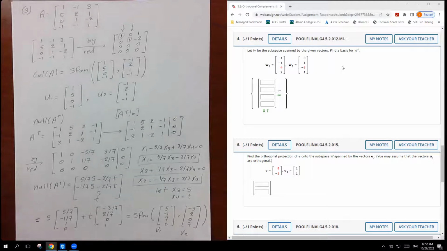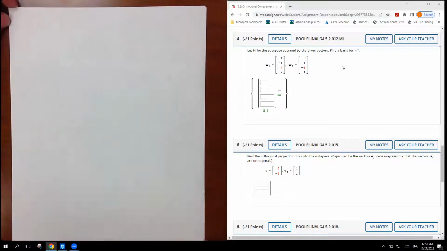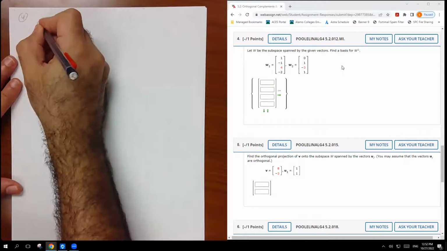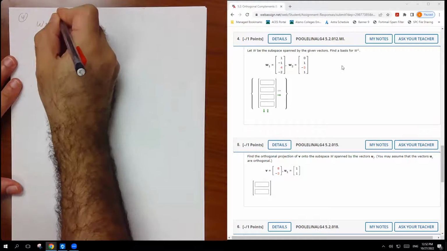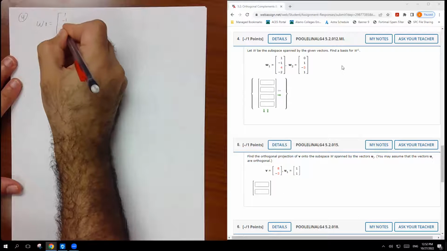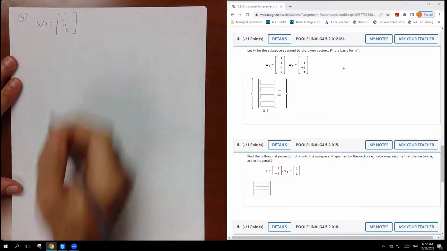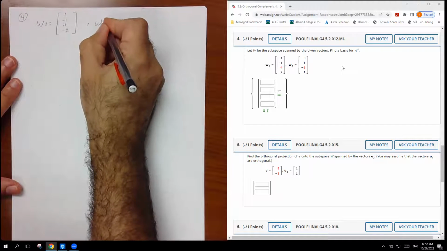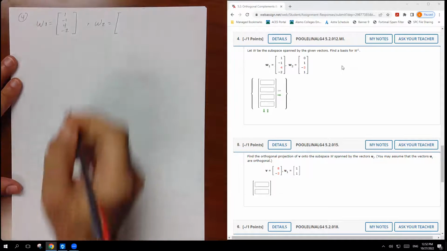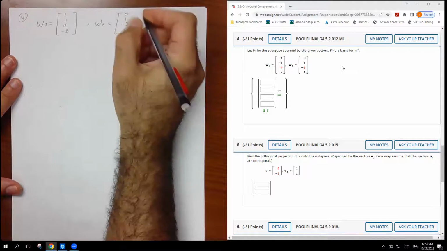We have two vectors: W1, which is equal to 1, -1, 4, -2, and W2, which is equal to 0, 1, -3, 1.